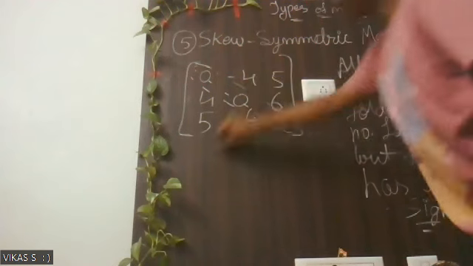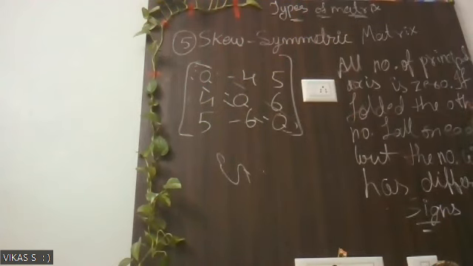So this is an example of it, and this is a definition of it. So what is the definition, guys? All numbers of the principal axis are 0.